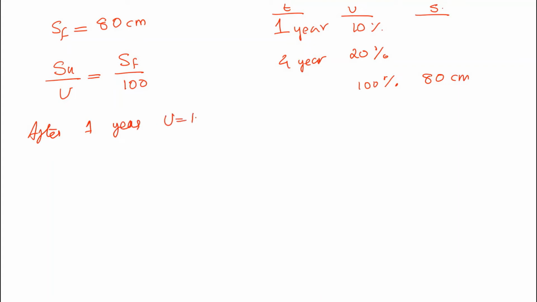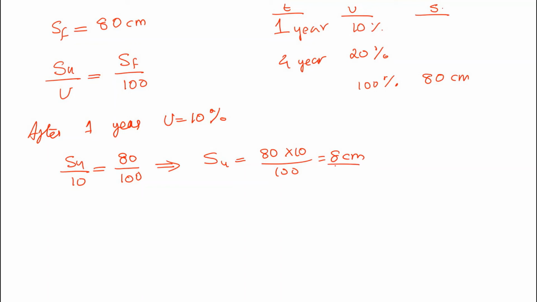So after 1 year, the degree of consolidation is 10 percent. That means SU by 10 should be equal to 80 by 100. Here SF is 80. So the settlement will be 80 into 10 by 100, which is 8 centimeter.